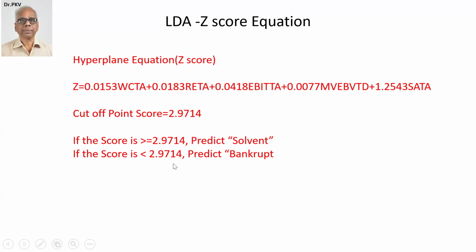So we classify, if the Z-score is more than 2.9714, predict the company as solvent. If the score is less than 2.9714, predict the company as bankrupt. And this was done as a pioneering work popularizing linear discriminant analysis by Altman in his classic paper in the Journal of Finance in the year 1968.